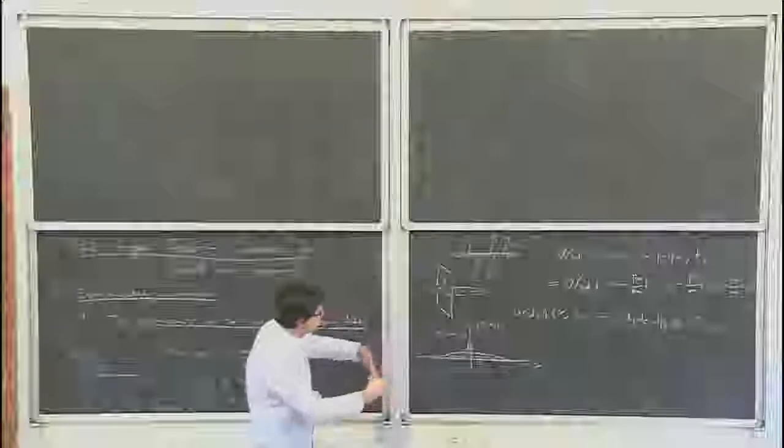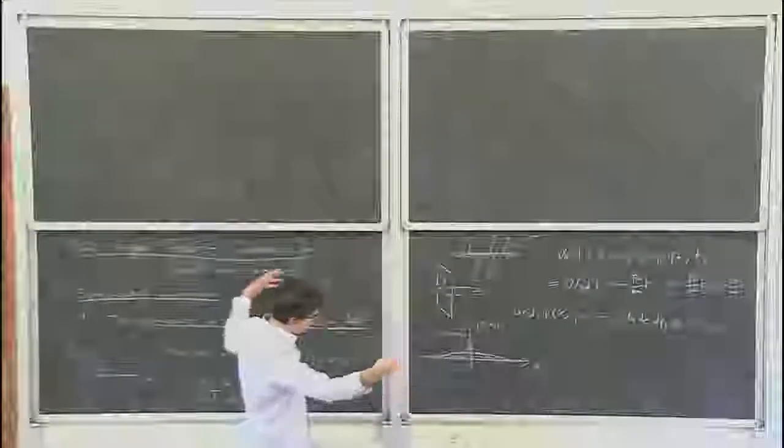Of course the density just goes to 0 everywhere because the gas becomes more and more dilute.